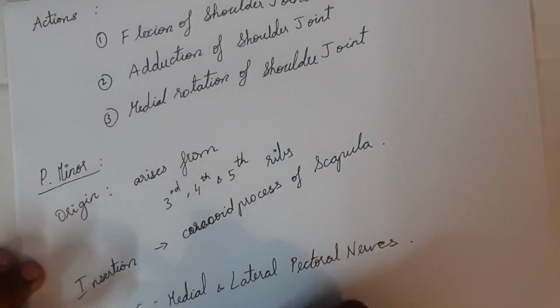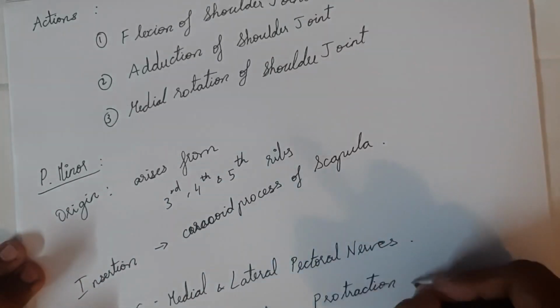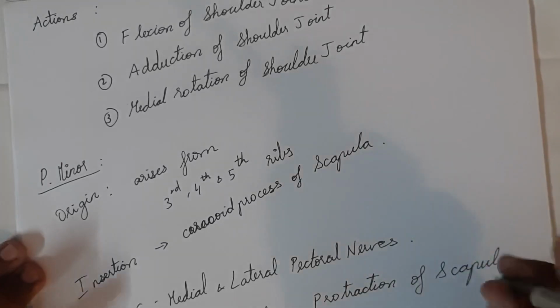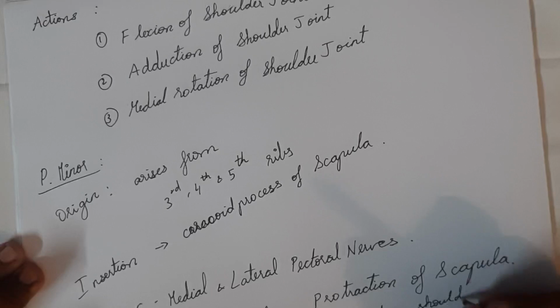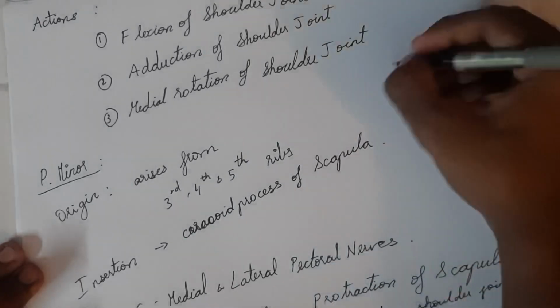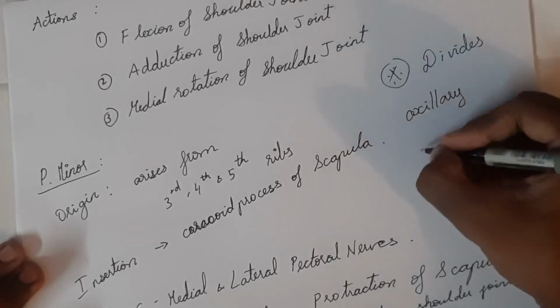And now to the action. Causes protraction of the scapula. And the most important point is that it has no such effect on the shoulder joint. It causes no movement in the shoulder joint. Another important thing is that it divides the axillary artery into three parts.